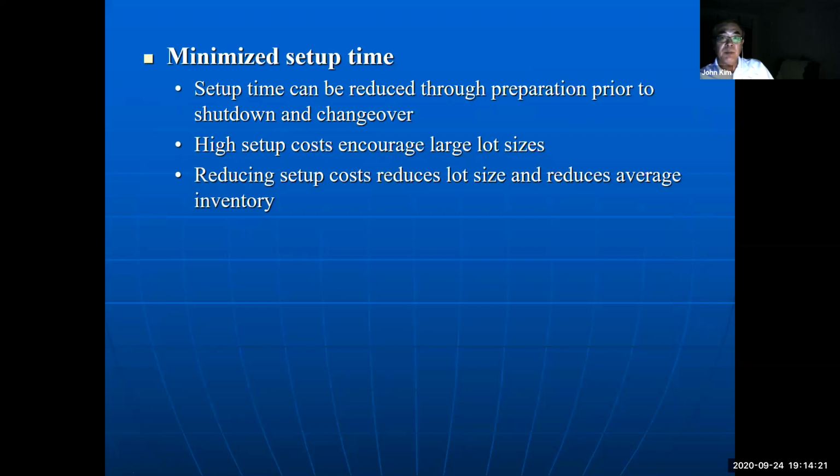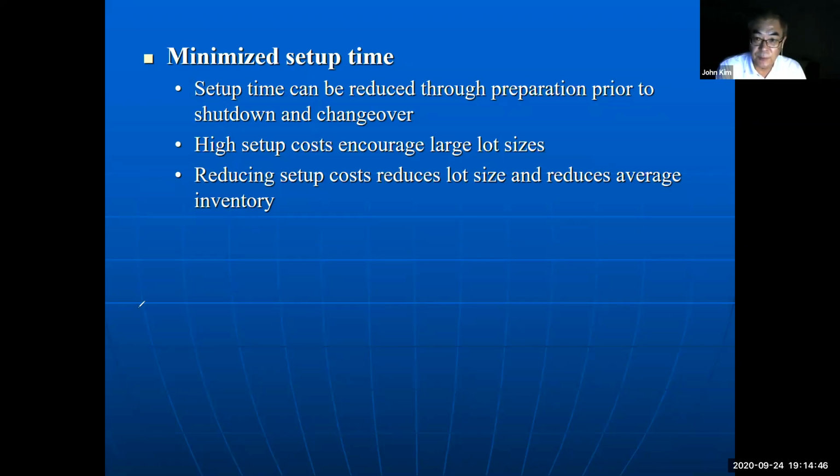And then minimize setup time. Setup time is waste time if they can reduce or eliminate setup time. So using, like, a separate process or assembly line for each different type of product.